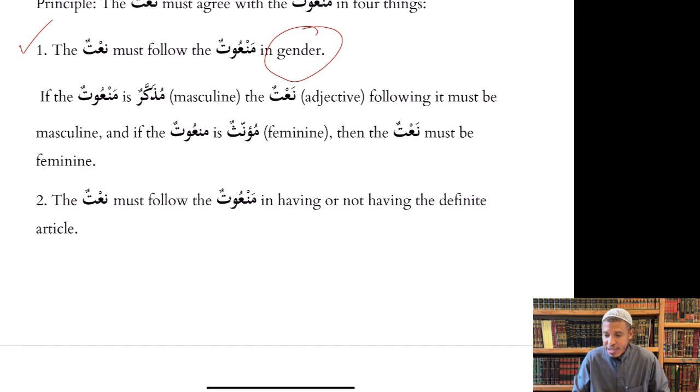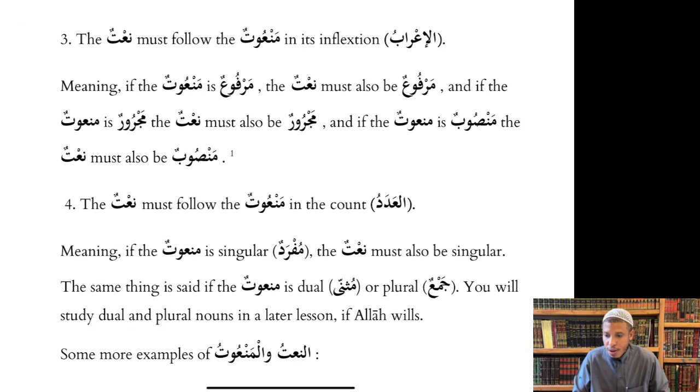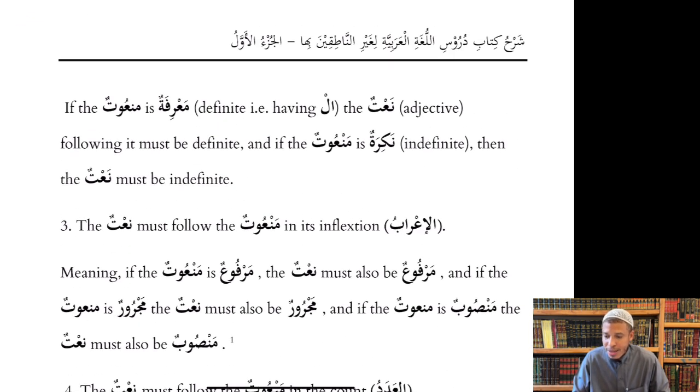So if the man'ut is ma'rifah, having the harf ta'rif, alif lam, then the na'at following it likewise must be definite, having the definite article. Likewise, if the man'ut is nakira, indefinite, then the na'at likewise must be indefinite. All right, number three.